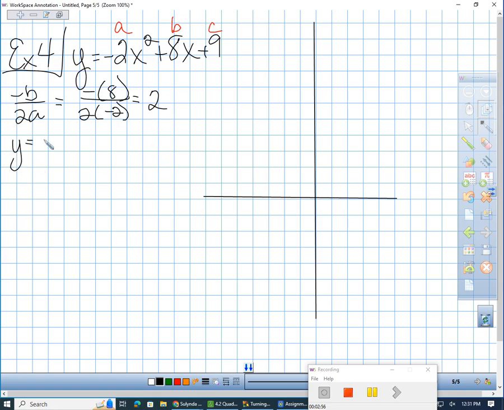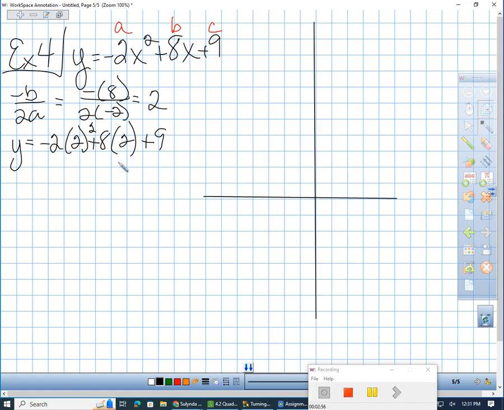So I have y equals negative 2 times 2 squared plus 8 times 2 plus 9. So 2 squared is 4 times negative 2 is negative 8 plus 16, so it's positive 8 plus 9 is 17.